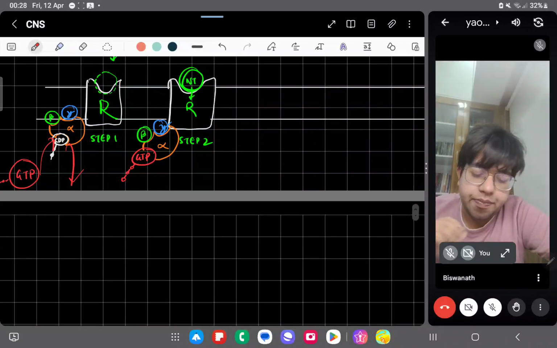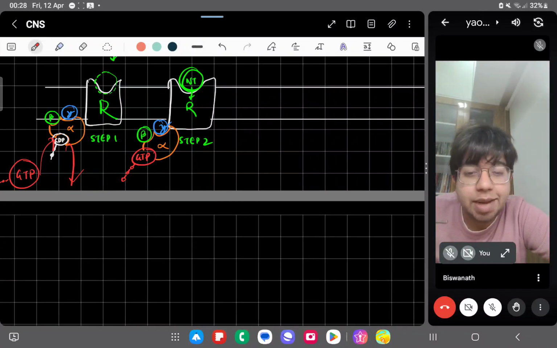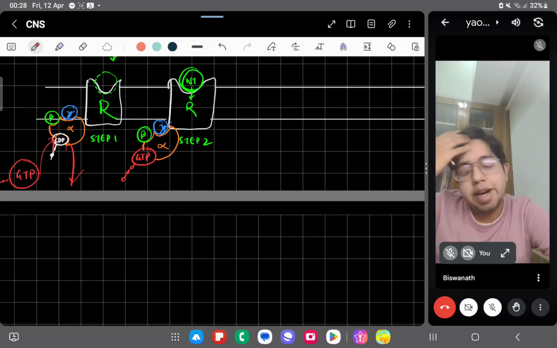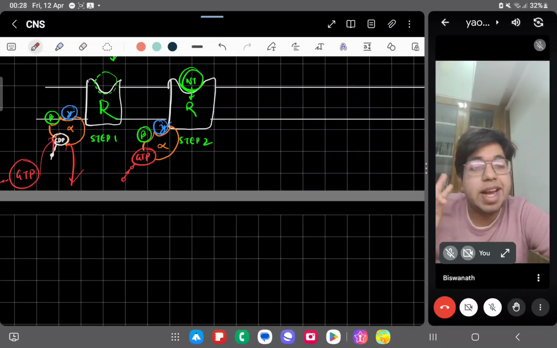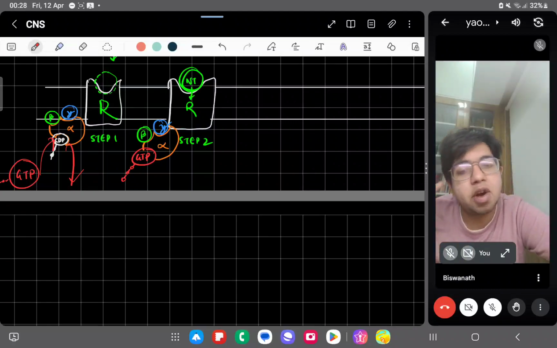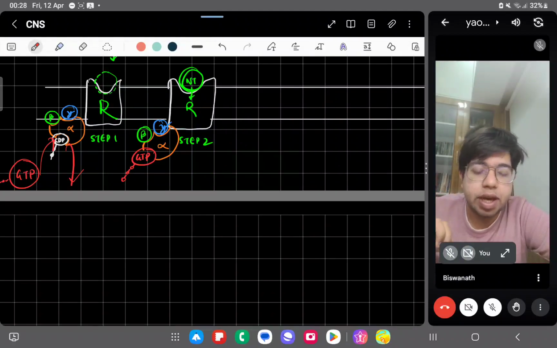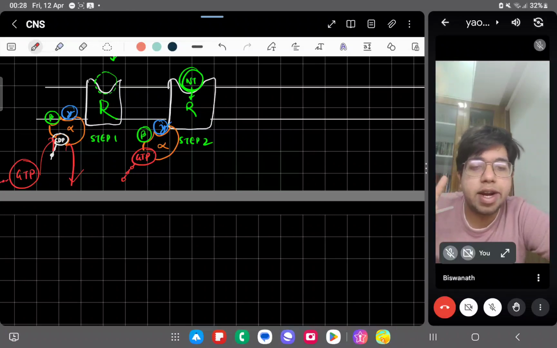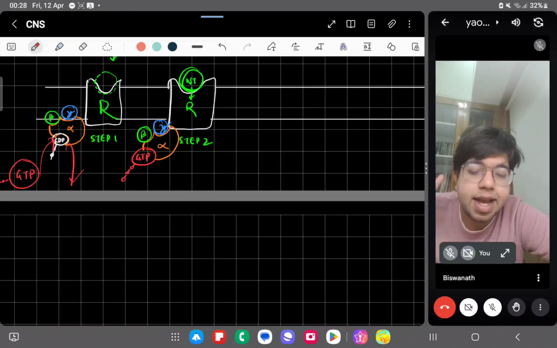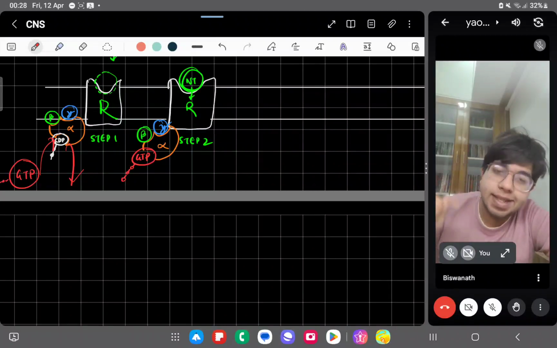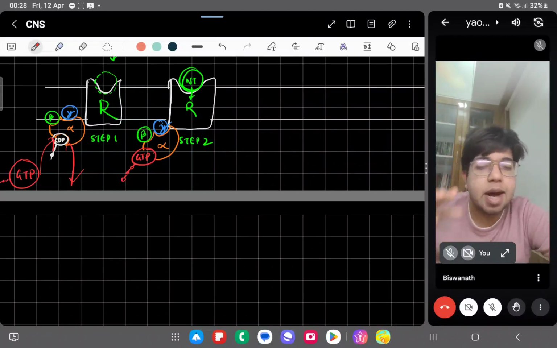And when there is a binding of GTP, remember, you can make a trick. Beta and gamma don't like this GTP at all. They like the GDP. Beta and gamma dislike this GTP, so when they dislike it, this beta and gamma will leave.